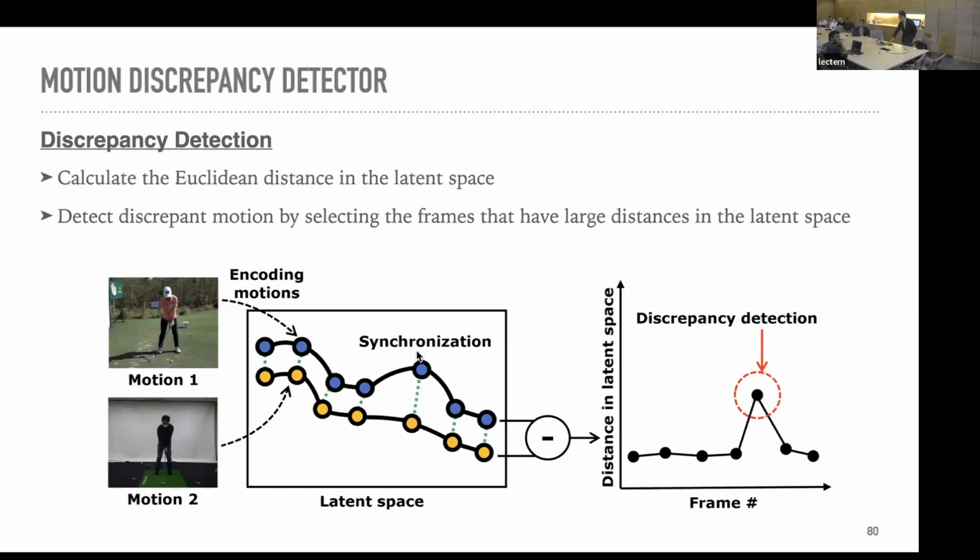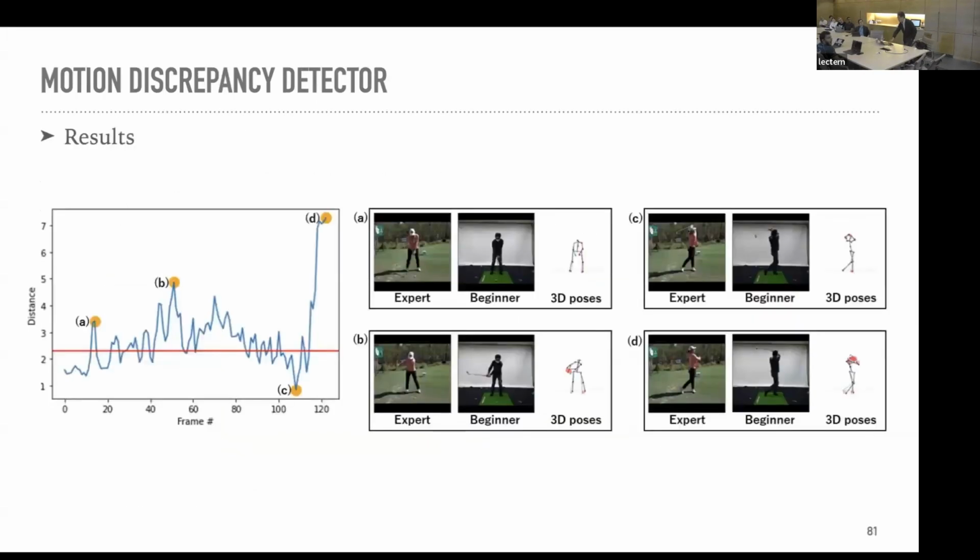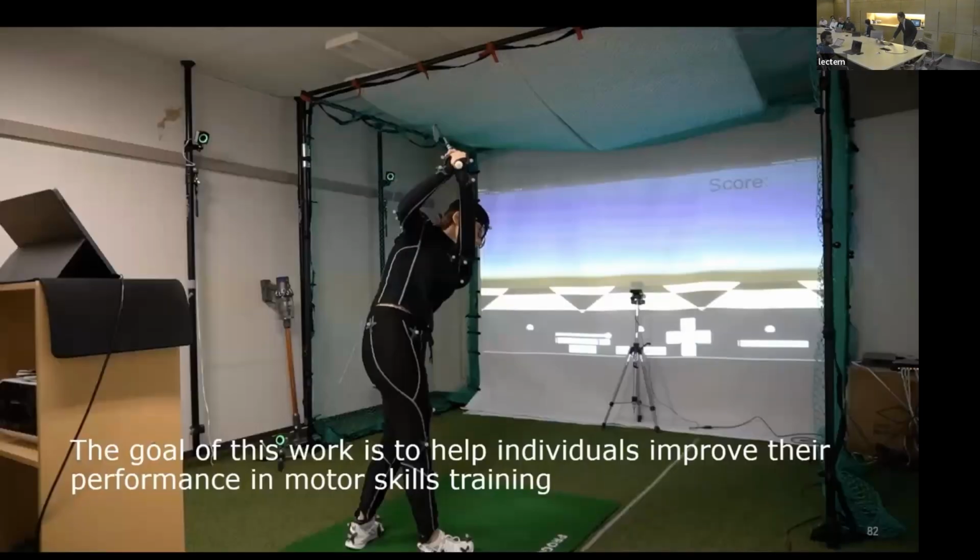And after that, we could detect the positions where there are slightly large differences between this and this. So by using an autodecoder, we could reconstruct which part is good for them, which part is very different between expert and novices. Okay.